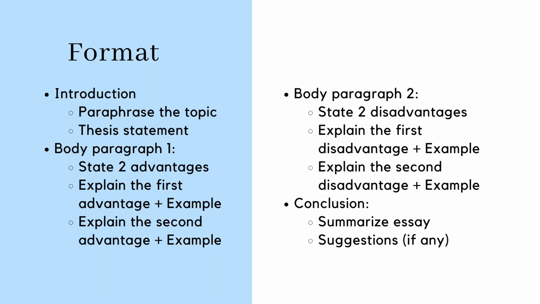Then explain the first disadvantage with an example or supporting detail. Then explain the second disadvantage with an example or supporting details. And finally, give a result of the above mentioned things or a little summary. So here we end the body of our essay.